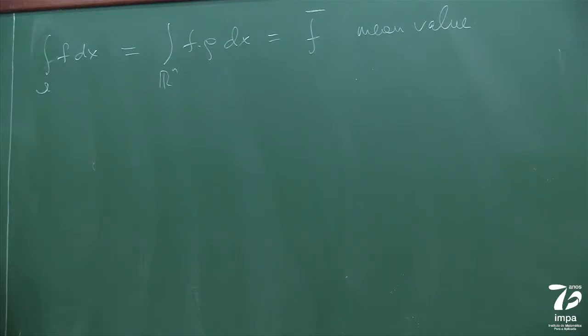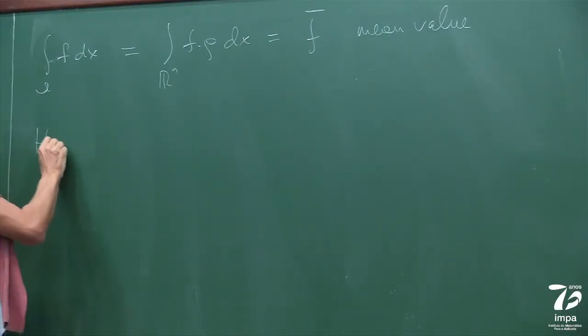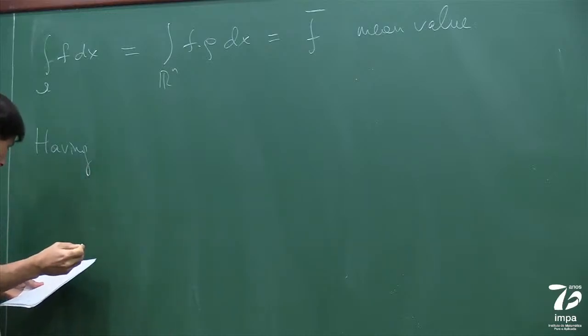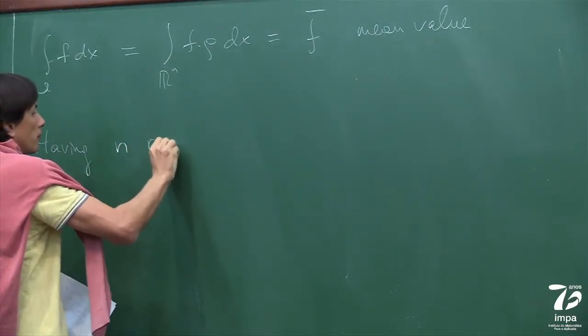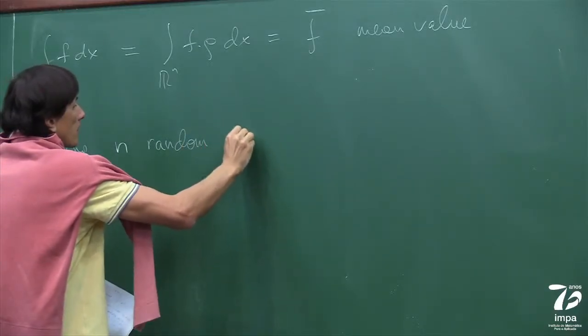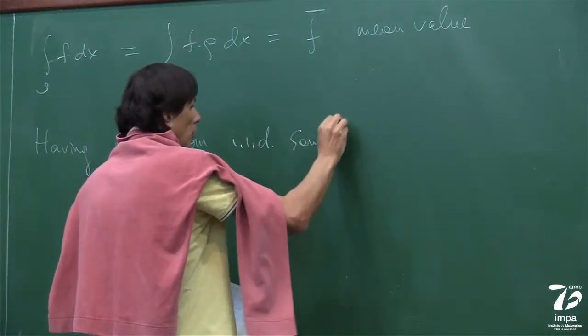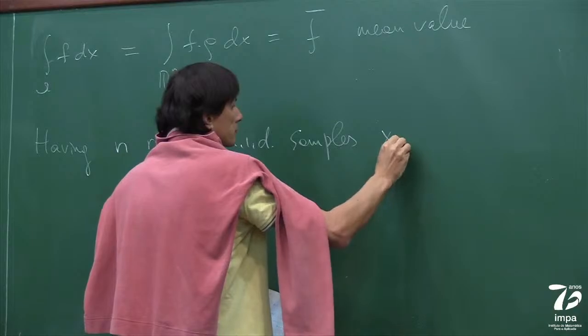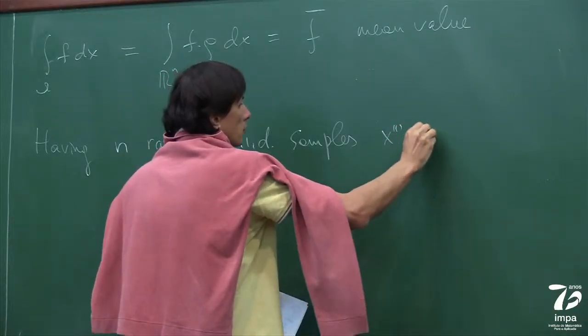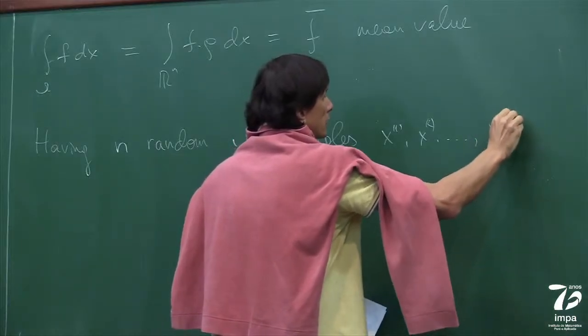So now, how do you compute the expectation? You can compute it just directly, essentially from the definition. So having n random IID, so independent identically distributed samples, let's take x1, x2, ..., xn.